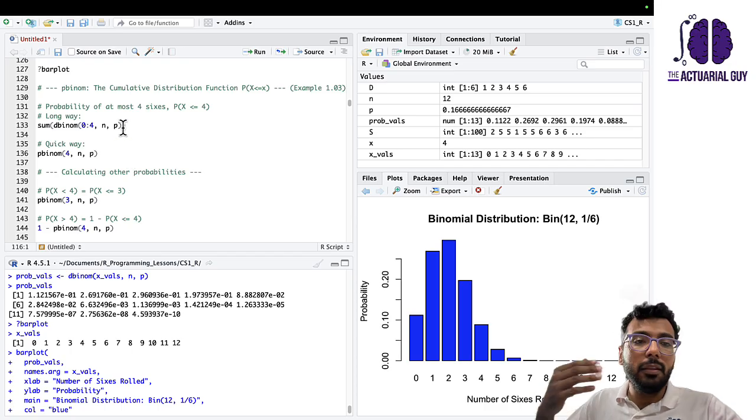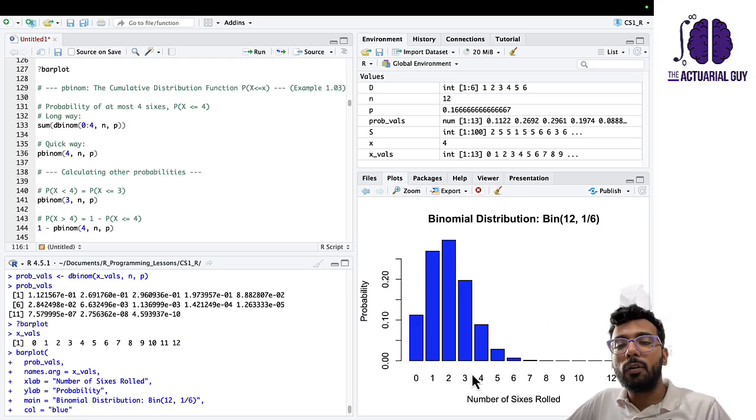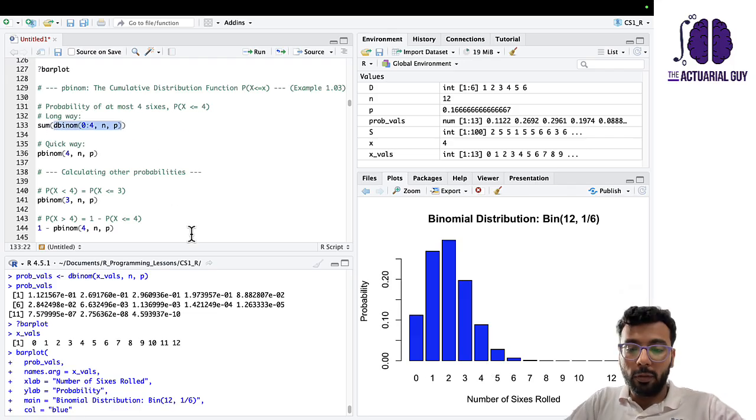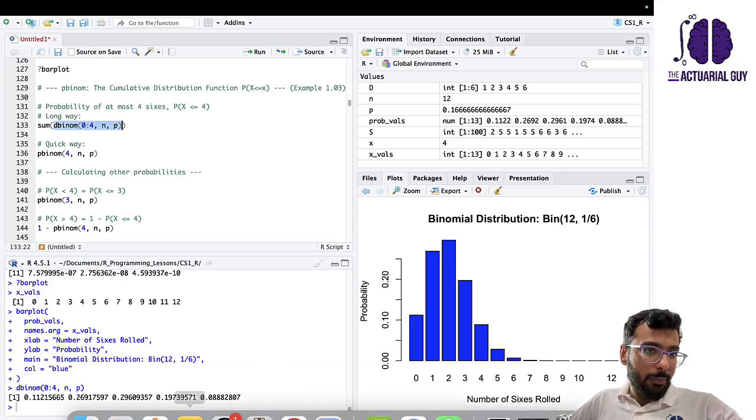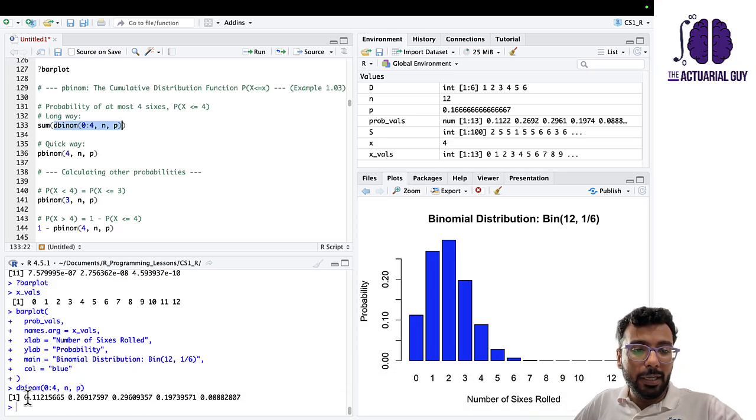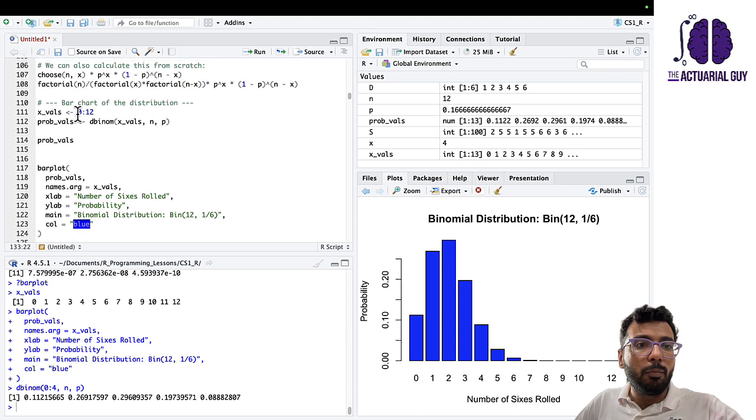Now this was the probability of all of these outcomes. What if you want to get the CDF? What if you want to get the probability of rolling less than or equal to 4 6s? So how will you do that? One way is obviously you take your dbinom from 0 to 4 and you add them up. Again, as I told you, you can put in a vector here, just how we did from 0 to 12.